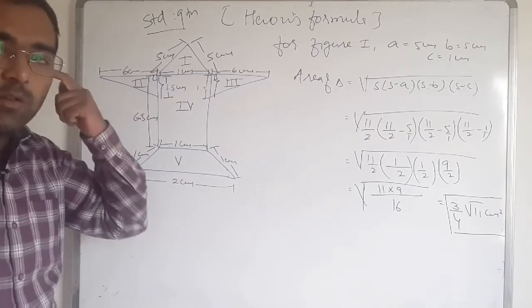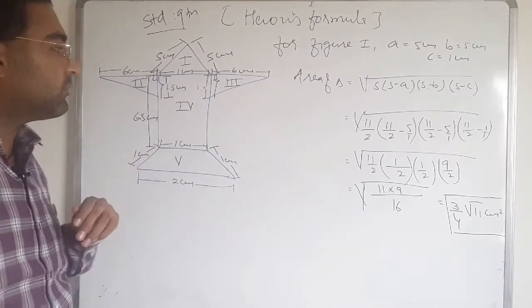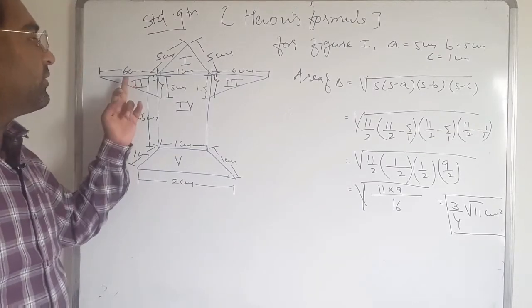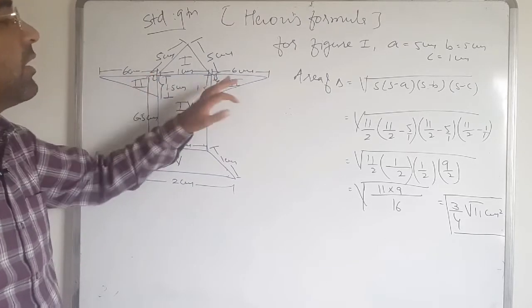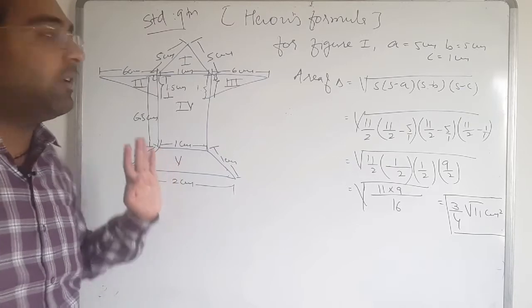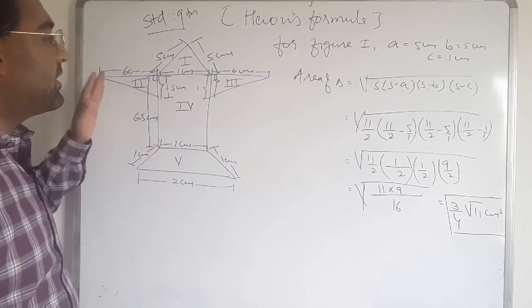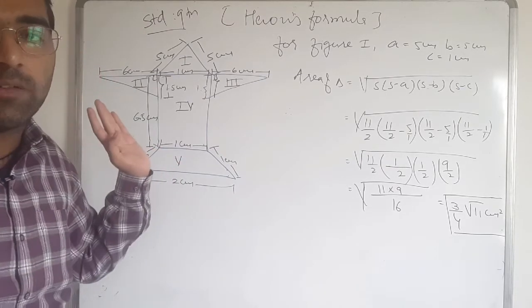Okay, now we have to find the area for the second and third. Second and third, both of them are right angle triangles, and for both of them the same measurements are given.